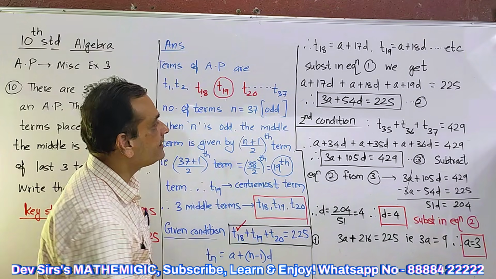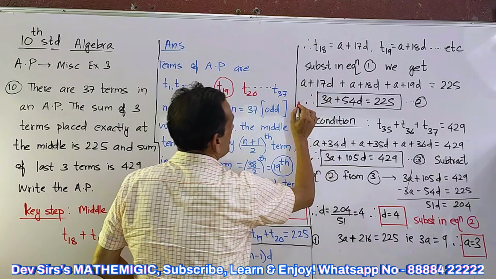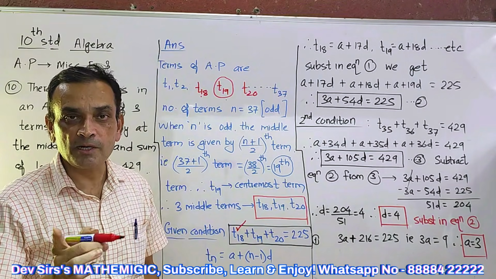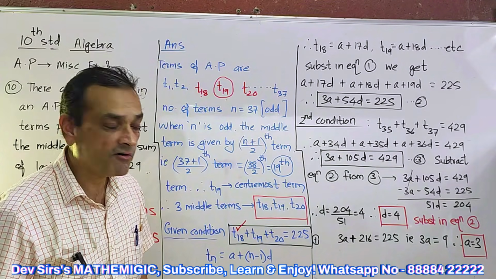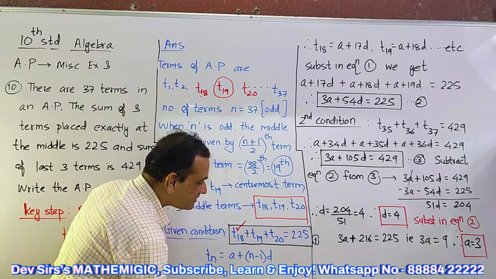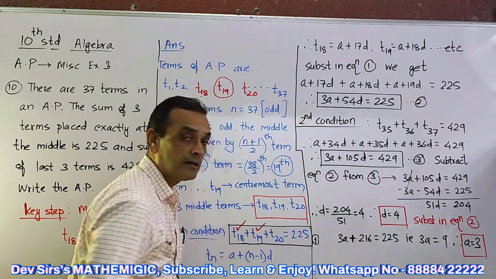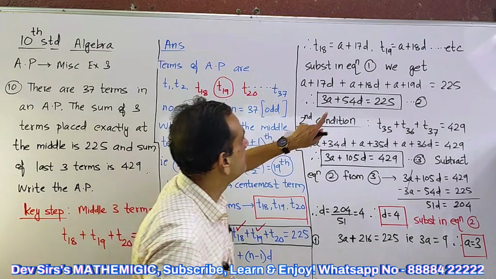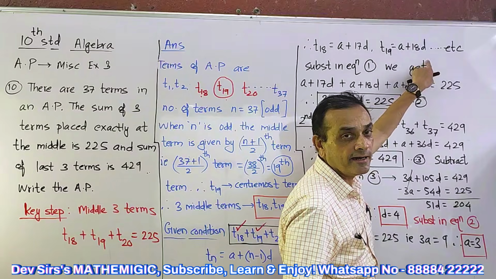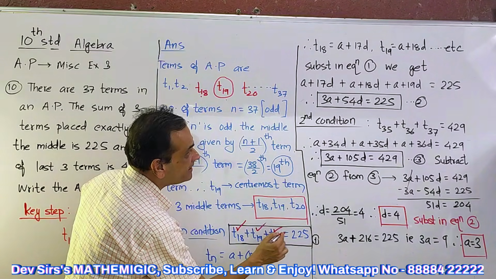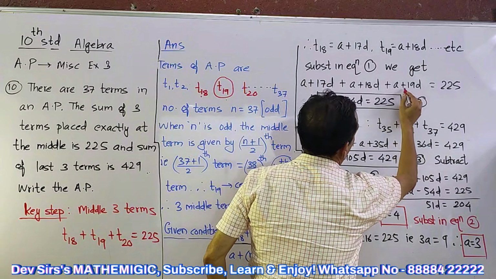So while writing T18, I am going to write a plus 17d. एक कम लेने का, a plus 17d. Why? Because 18 minus 1 gives you 17. While writing T19, 19 minus 1, a plus 18d. While writing T20, 20 minus 1, a plus 19d.